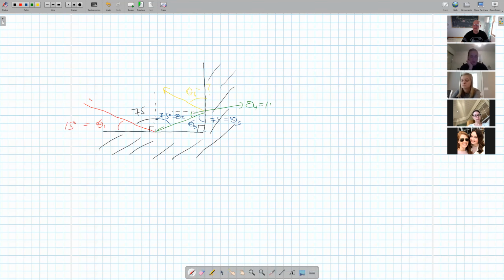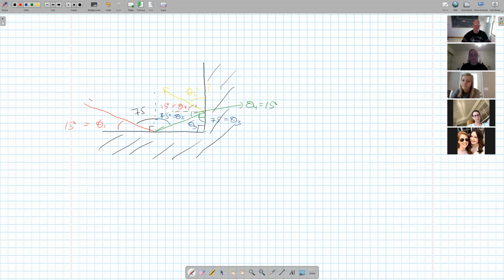Theta 4 then has to be equal to 15 degrees because again, this angle here has to be 90 degrees. So 75 plus 15 again equals 90 degrees. So the law of reflections then says, well, this angle here then has to be the same as theta 4. So this also has to be theta 4, which means that this also has to be 15 degrees.